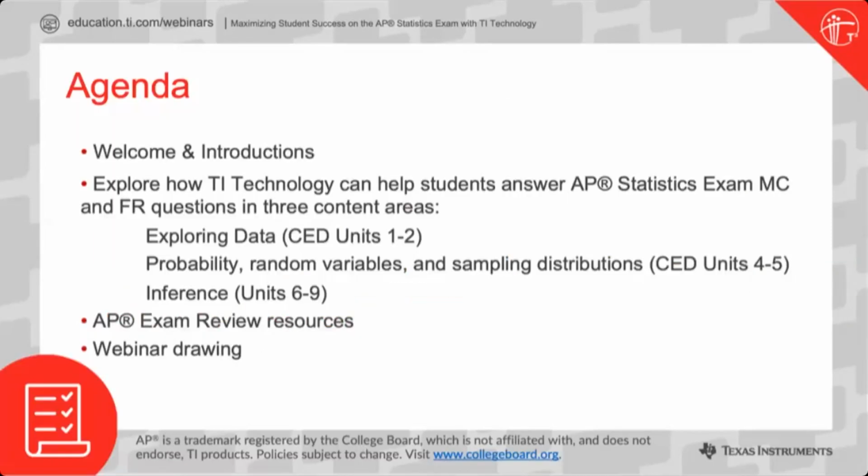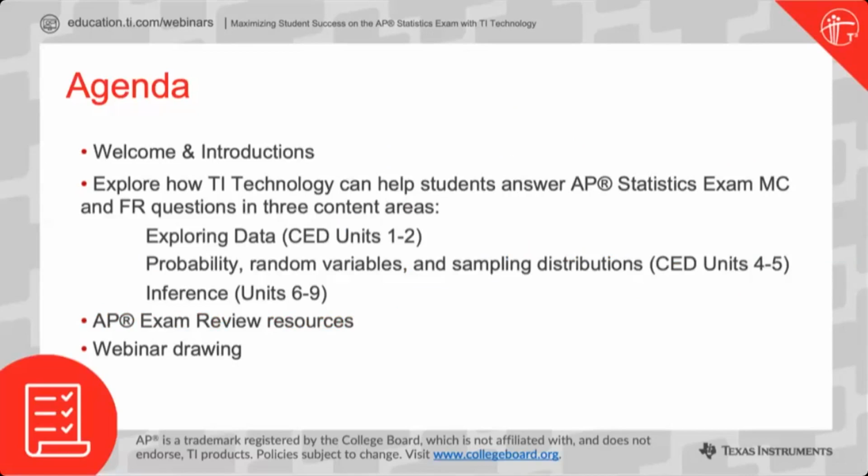Talk about our agenda for tonight. All right, tonight we've already done the welcome and the introduction, so we're real excited to get into exploring the TI technology that we have in our students' hands to answer actual AP exam questions, multiple choice and free response questions.